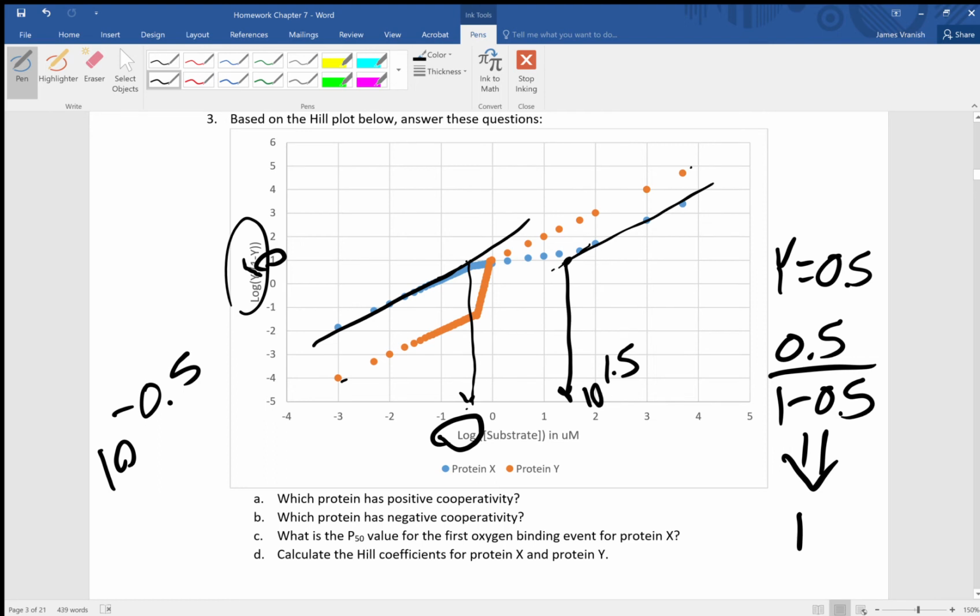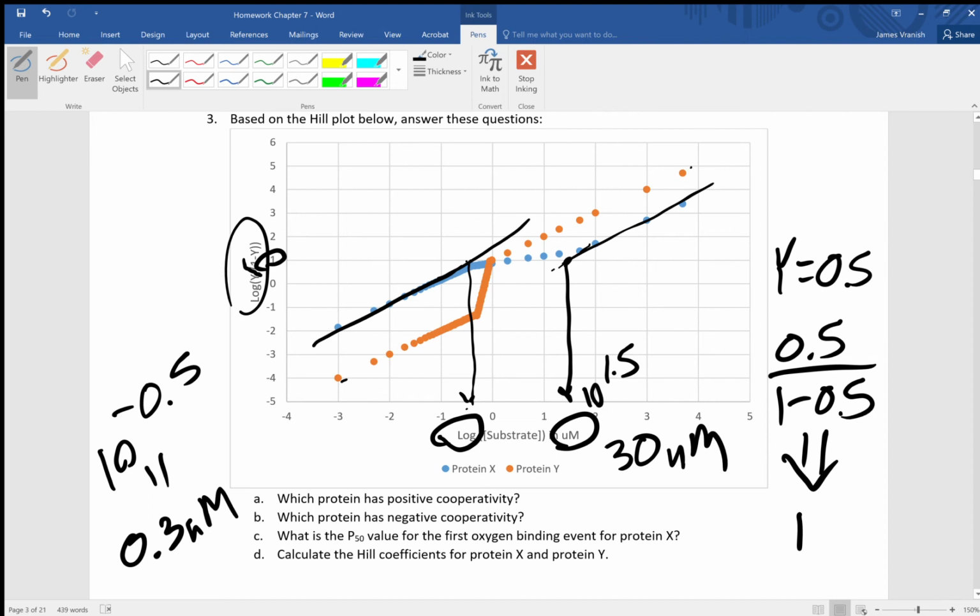If I calculate these out, 10 to the negative 1/2 is about 0.3, and our units are micromolar. 10 to the 1.5 power is about 30, we'll say just round to 30 micromolar.